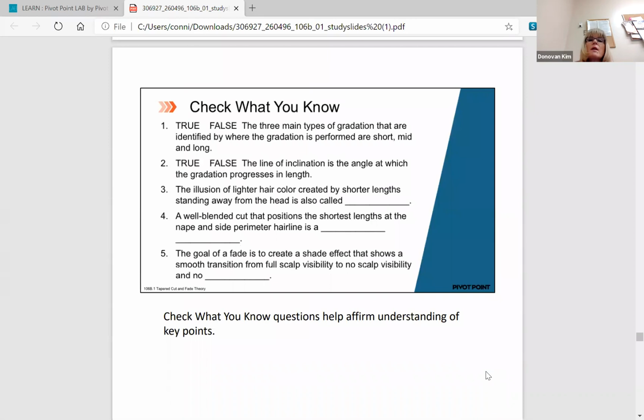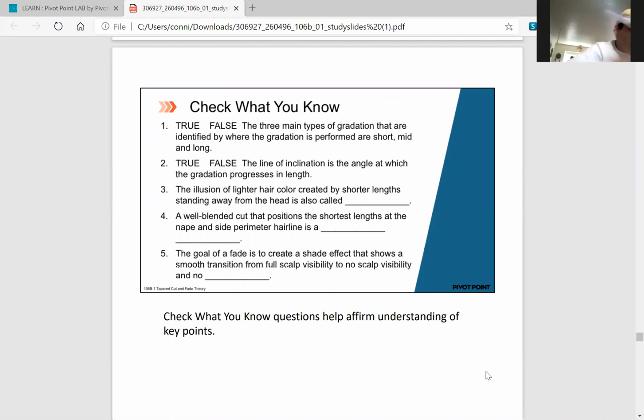Oh, here we go. The three main types of gradation that are identified by where the gradation is performed are short, mid, and long. That's true or false? True. True or false? The line of inclination is the angle at which the gradation progresses in length. True. Okay.